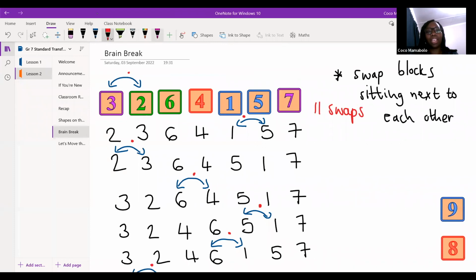I'm telling you now, you can do it in 8 swaps. So we're going to try it again on Monday and see if we can get it in fewer swaps. You need to try and do it in only 8 swaps. I know you can do it. You guys are amazing like that.